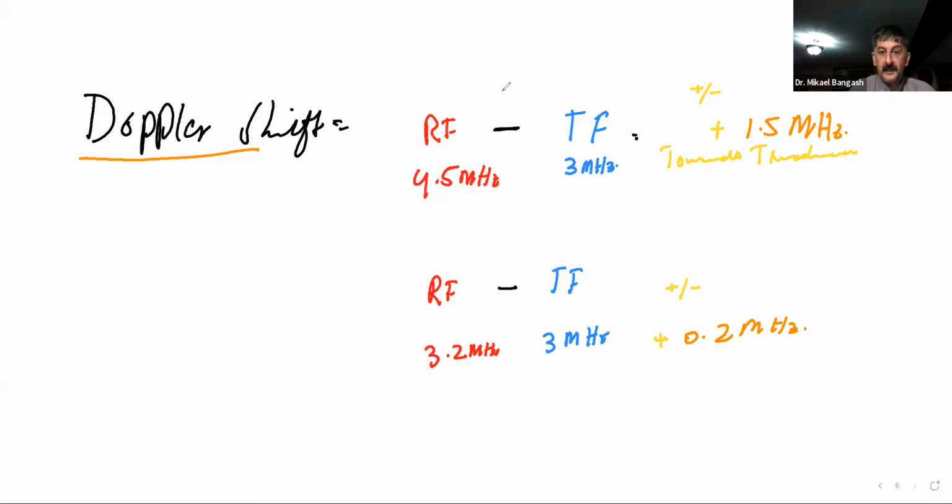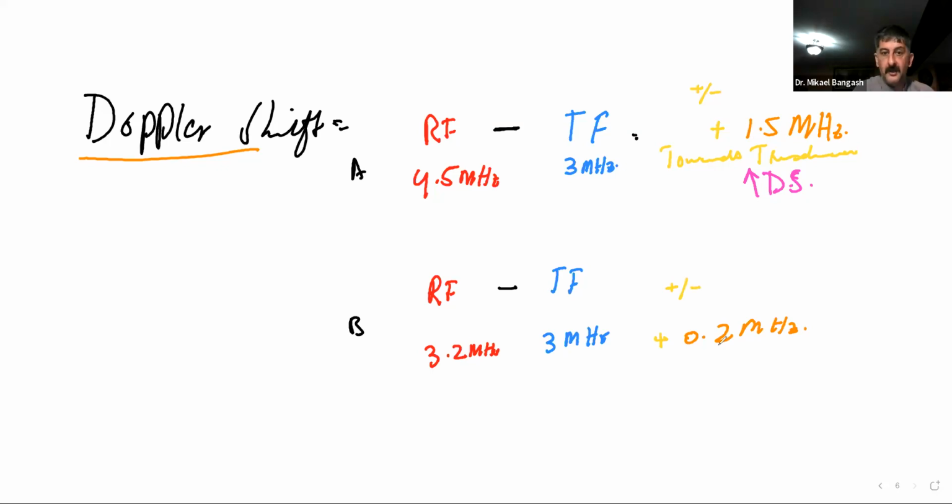But what we mainly see here is, comparing the two examples, this is example A, this is example B. In example A, we have a greater Doppler shift, right? Because the difference between the two frequencies came out as 1.5 megahertz, compared to down here. Now, both of them are positive.